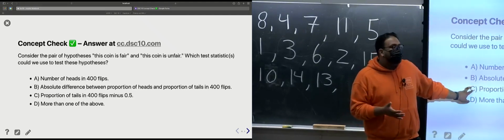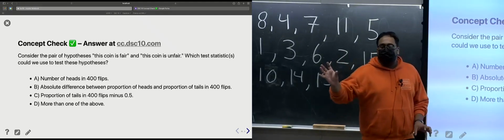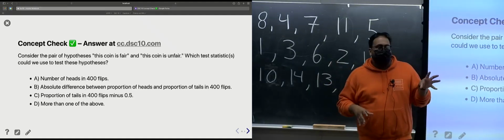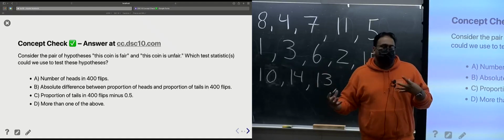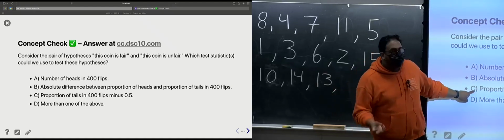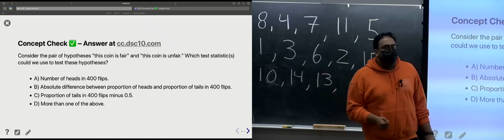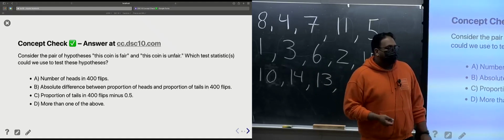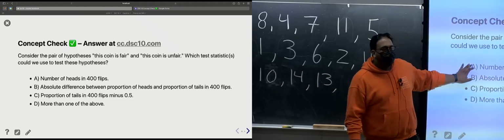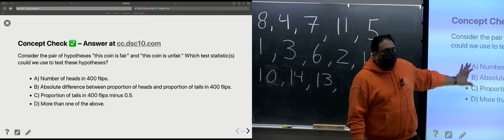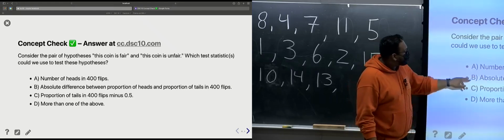But again, we have that same issue where we have to look at big values of the test statistic and small values for evidence for the alternative hypothesis. And when this value is close to 0, well, then that's evidence for the null hypothesis. So do we agree why C has the same issue as A? Right? It's kind of the same thing, just one's divided by 400.